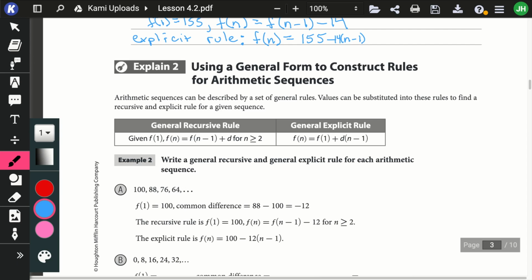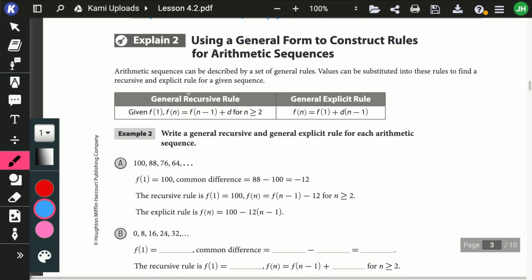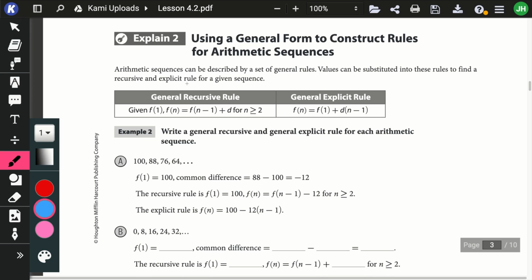All right, let's look at example 2. In this one, we're going to use a general form to construct rules for arithmetic sequences. So we worked it out there. Now let's learn the general form. Arithmetic sequences can be described by a set of general rules. Values can be substituted into these rules to find your recursive and explicit rules for a given sequence.